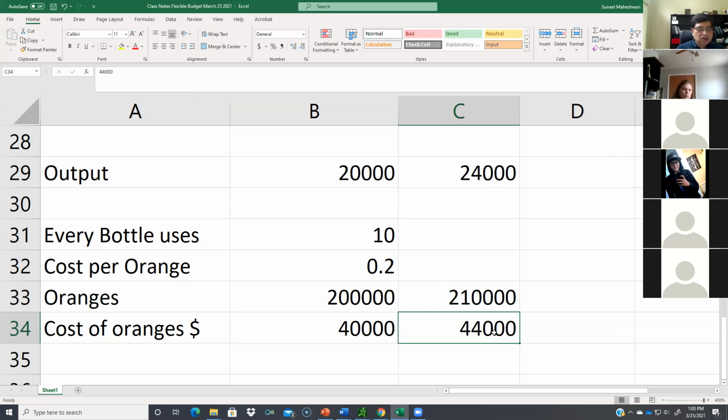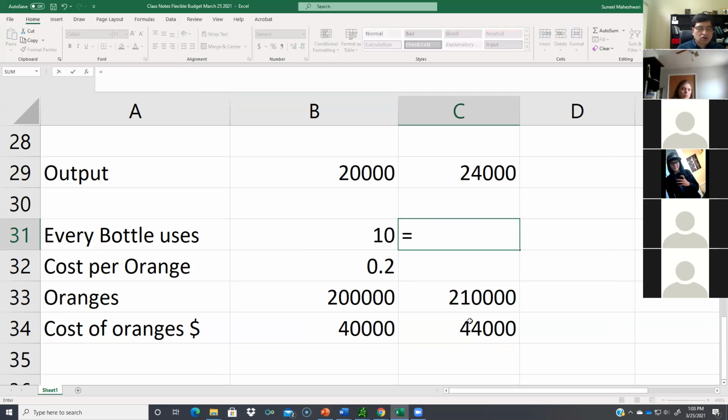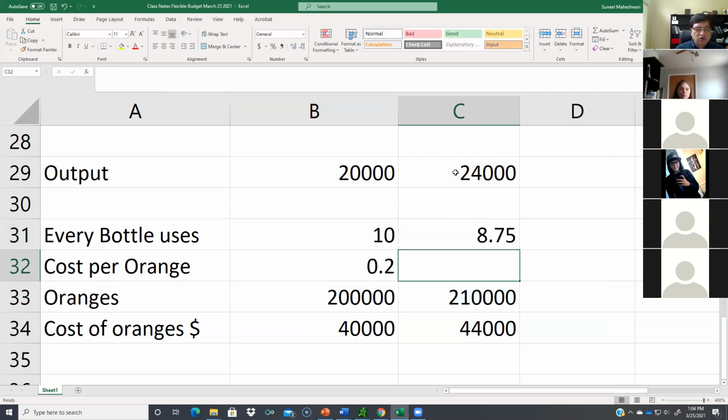So basically, how many oranges were used in every bottle? You used 210,000 oranges, you produced 24,000 bottles. So every bottle used up 8.75 oranges, kind of 9 oranges. Okay.